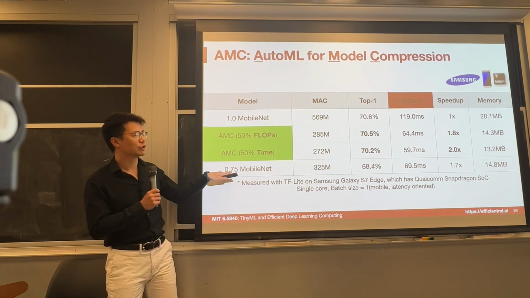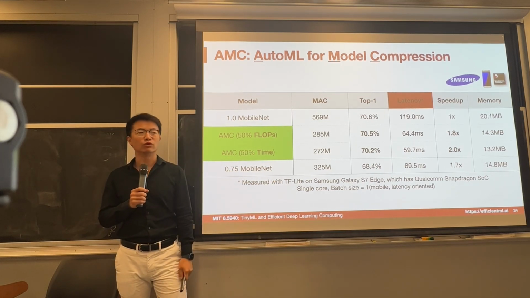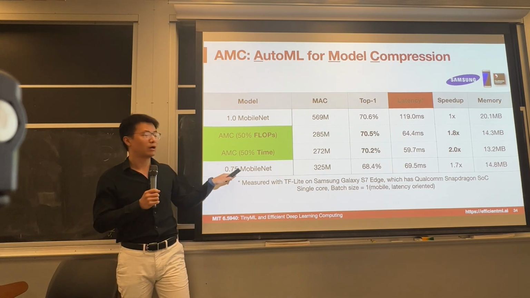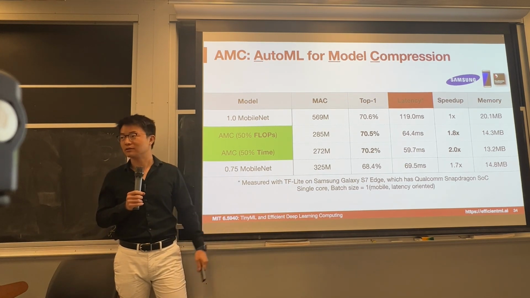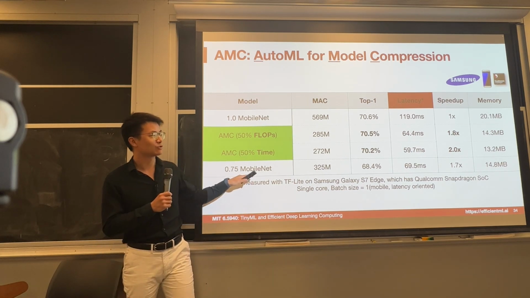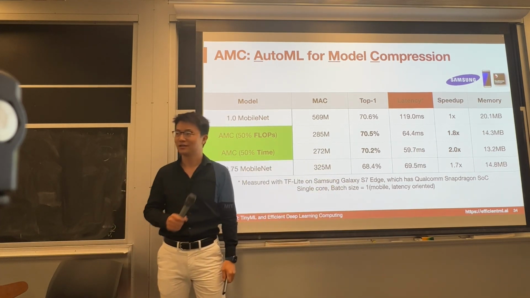So here we are reducing each channel to be 3/4 of its original size. Say originally you have 100 channels. Now how many do you have? You have 75 channels. Should it be only like 25% faster? Or why we got 70% faster?